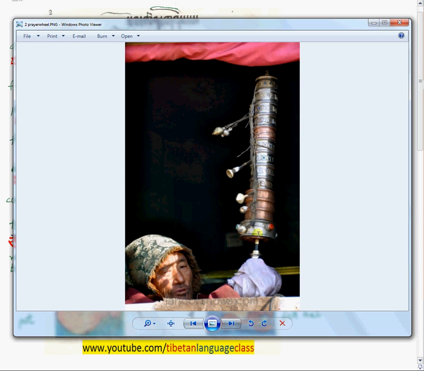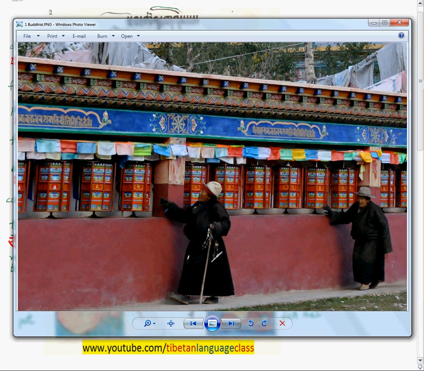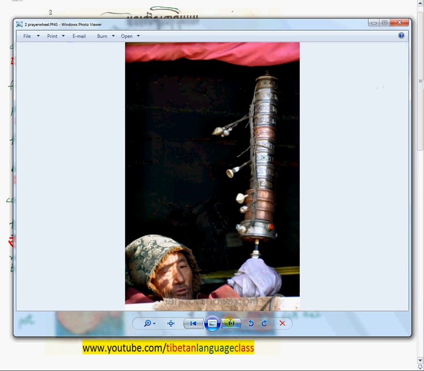Generally I've seen maybe at the most from here up till here, this big. And this looks pretty high, and looks different, so that's why I took a screenshot just to show you guys. So generally they'll have this in the left hand, and then with the right hand they'll be rotating these prayer wheels, and inside it's all sacred Buddhist mantras or prayers.